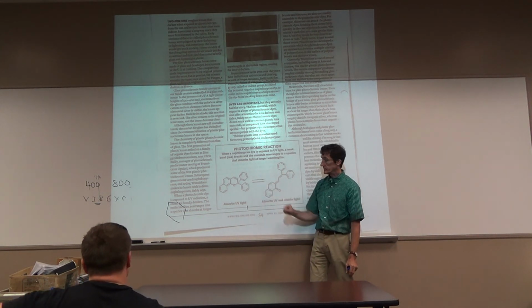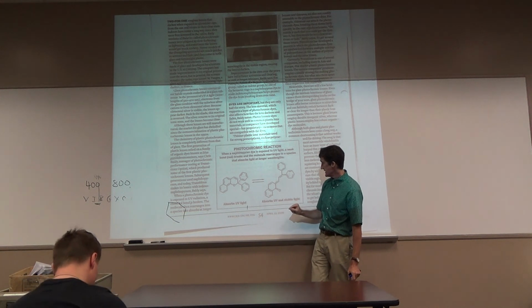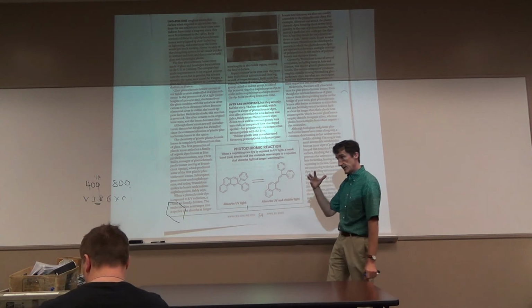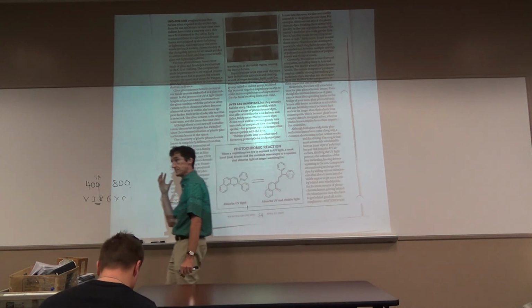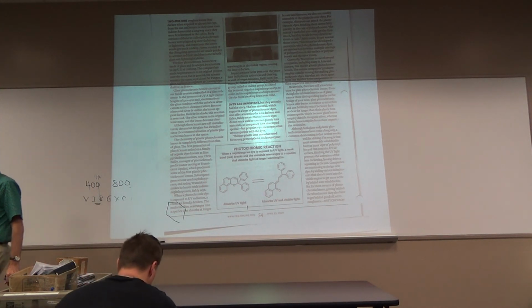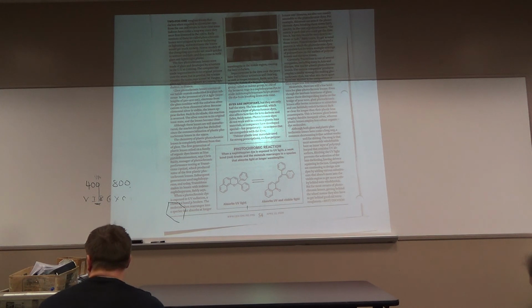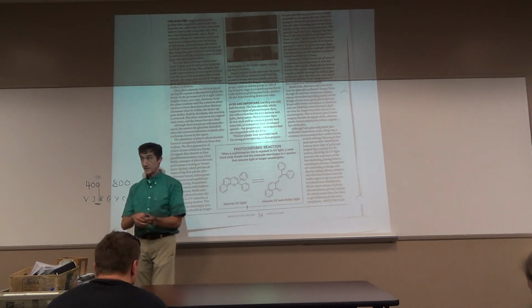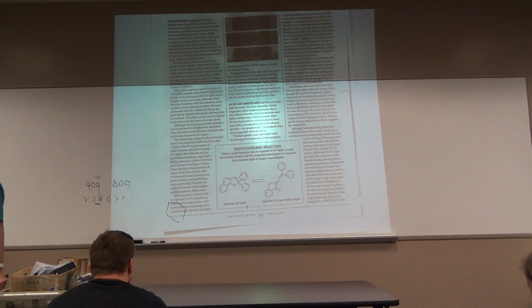This is an equilibrium. If you get a lot of light, it will exist one way, and it will actually darken the lens. If there's low light, the equilibrium will go the other way, and then it'll change. A lot like an indicator, it can go back and forth. But you actually have chemistry going on in your lenses.